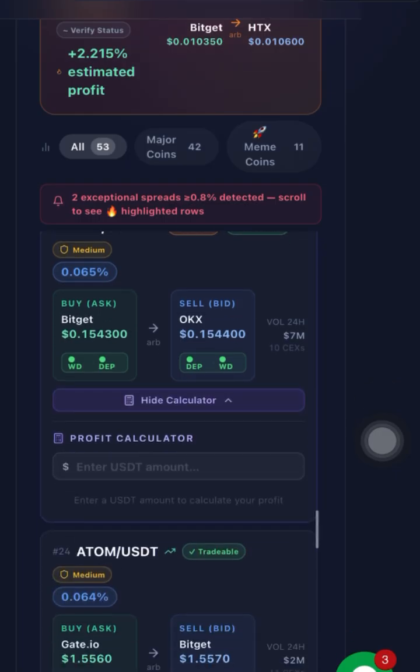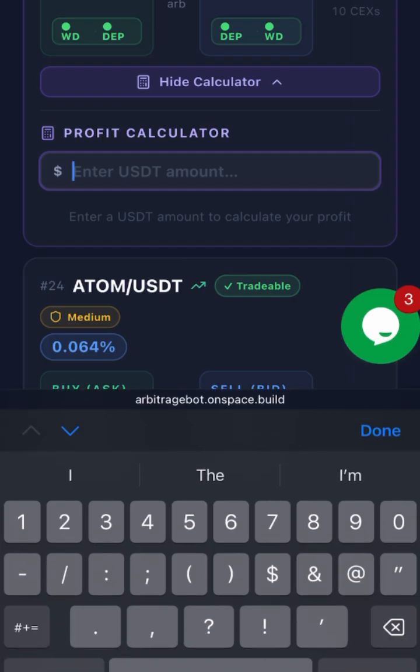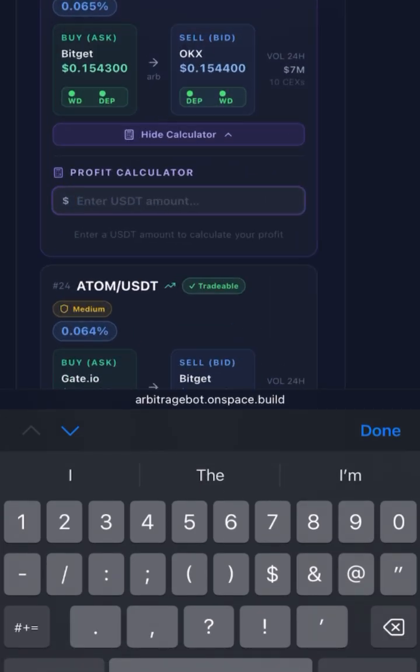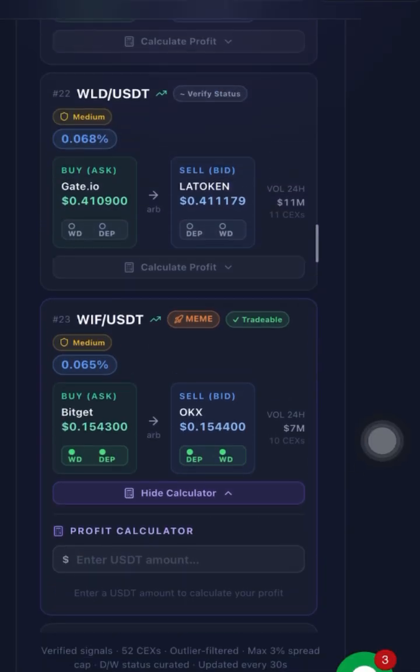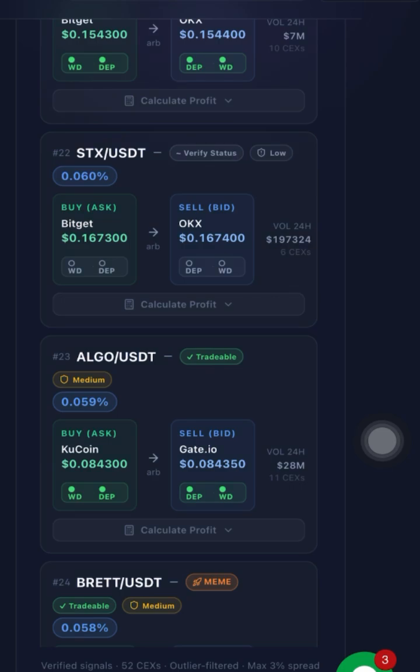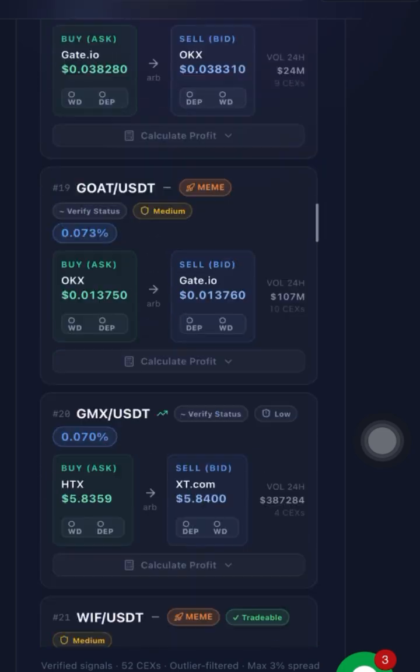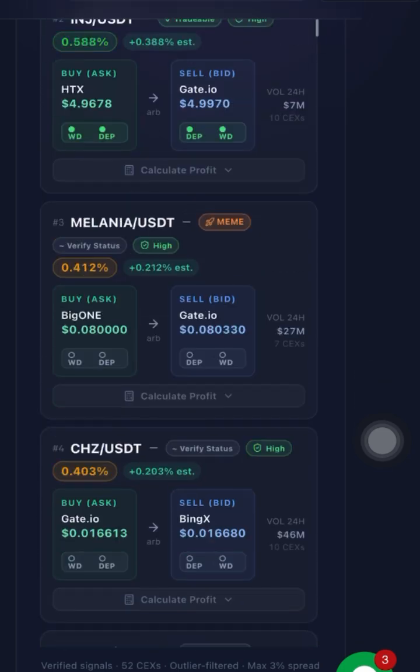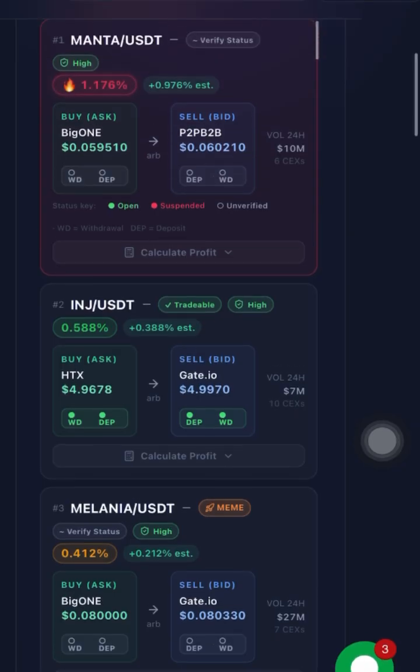You can do your calculation: enter the amount you want to trade with, and it will calculate and give you the actual profit that you'll be getting.